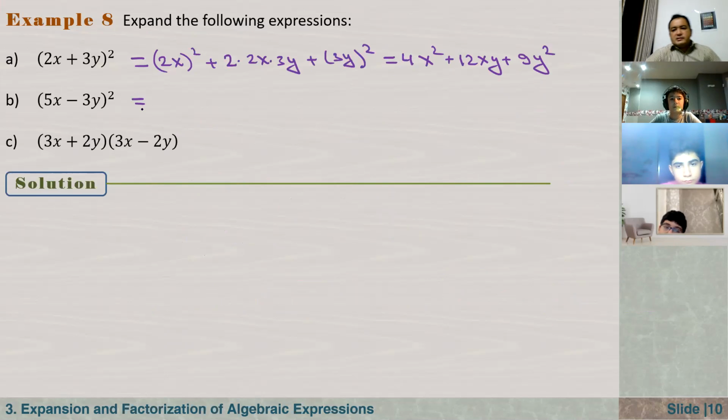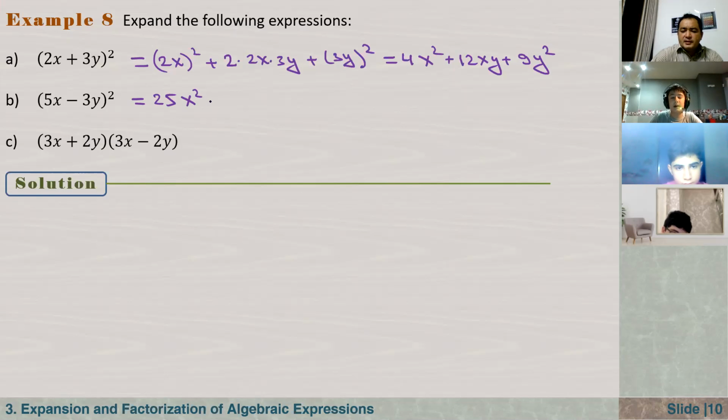And how about this? Imran, can you just tell me the answer? Now we don't have to go through this step. Just skip the second step. Can you expand this? (5x minus 3y) squared. Yes, (5x) squared. Just tell me the answer. So what is (5x) squared? (5x) squared is 25x squared. Okay. Now, what is the next term?